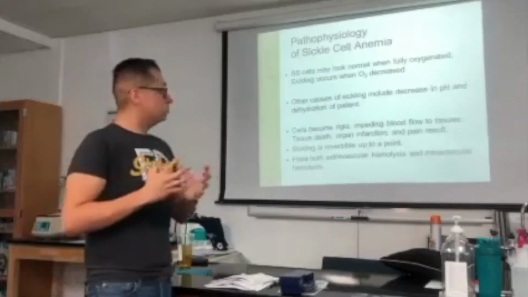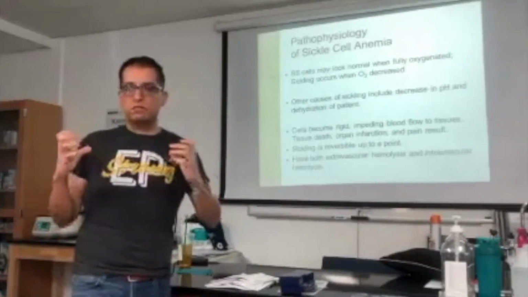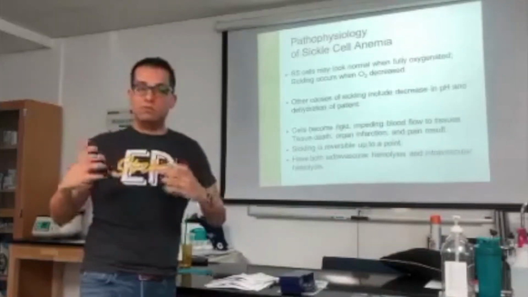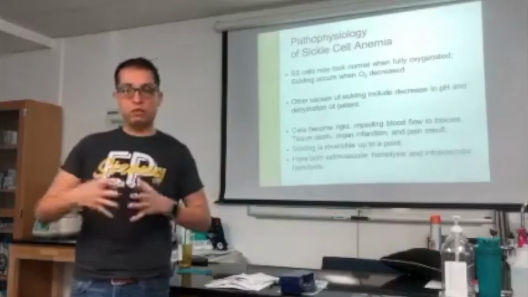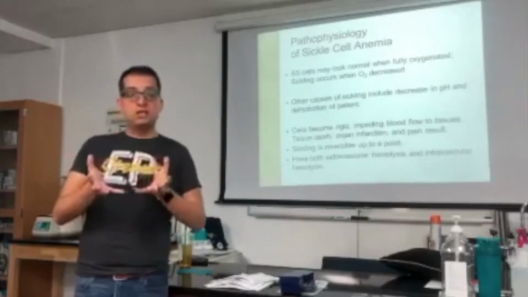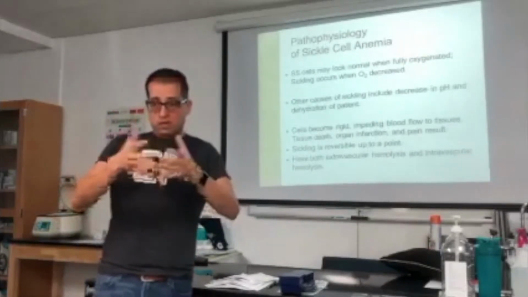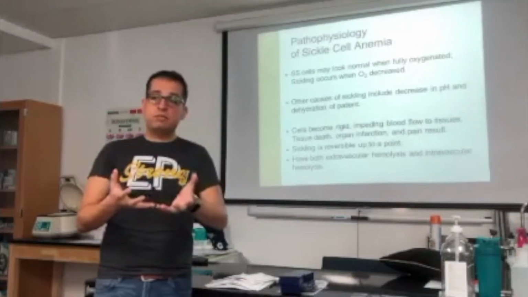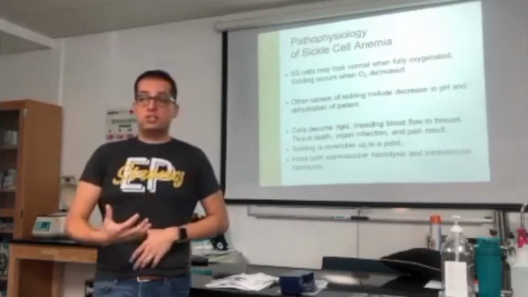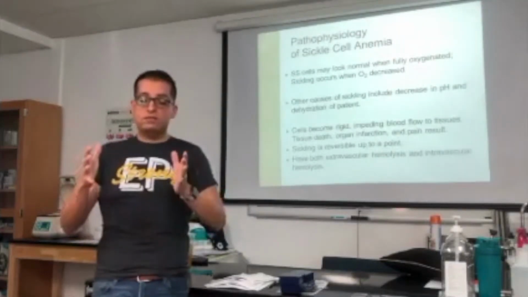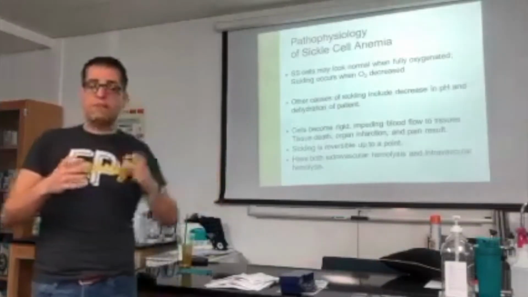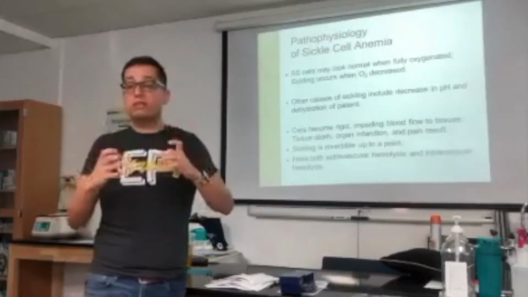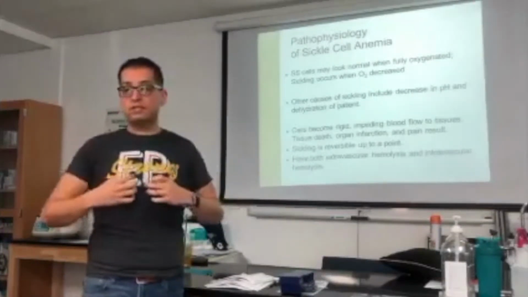It loses its flexibility and becomes really stiff. When it was oxygenated, it could fold in on itself and maintain its shape. However, when it's deoxygenated and it's sickle cell, it crenates into this sickle shape and becomes very rigid. It doesn't bend and it doesn't move.